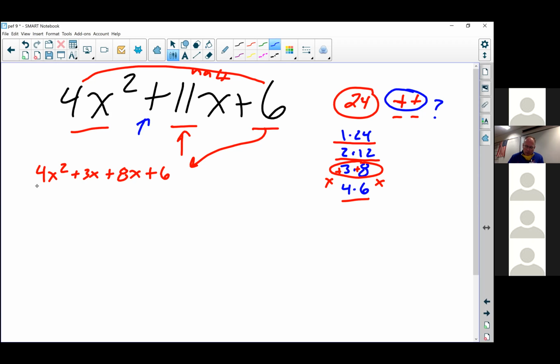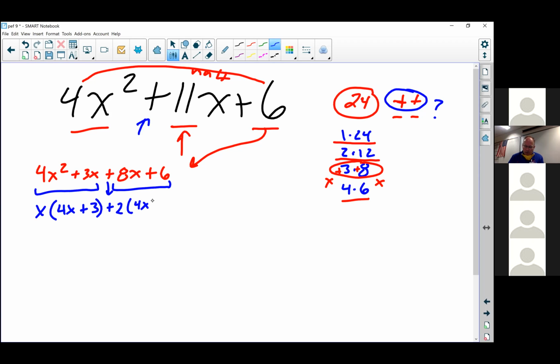Okay, so we're going to take a look here. It looks like I can factor an x out because 4x squared and 3x. If I factor an x out of 4x squared, I'm left with 4x. If I factor an x out of 3x, I'm left with 3. This sign comes down. Looks like I can factor a 2 out of both of those. If I factor 2 out of 8x, that leaves me 4x.